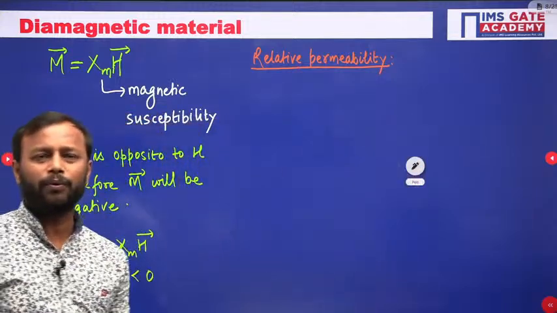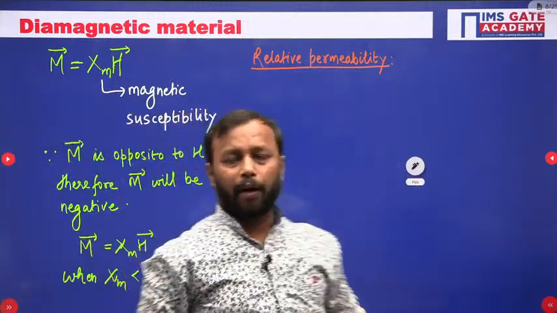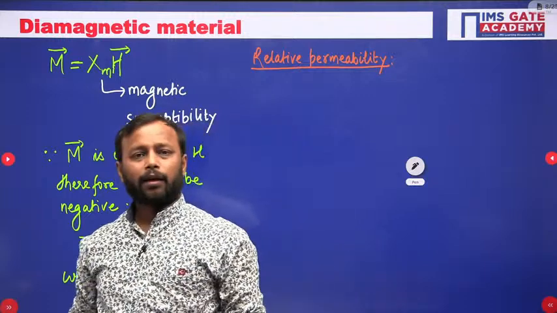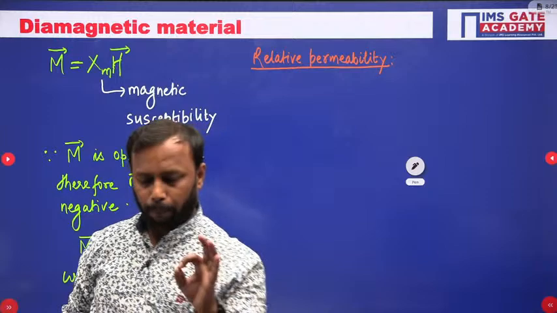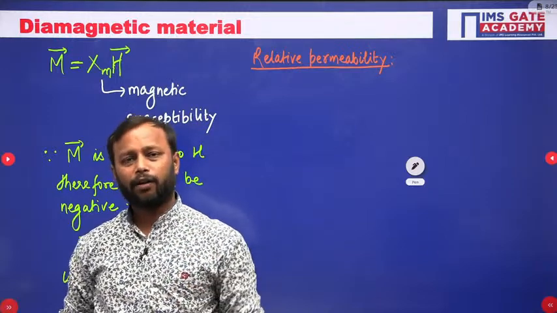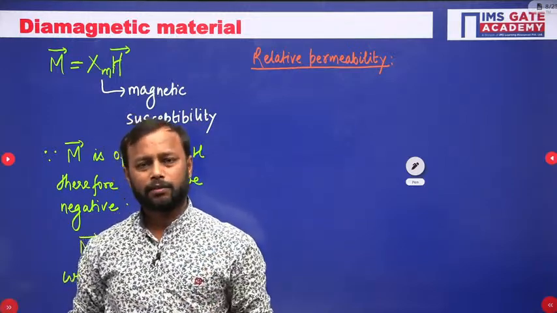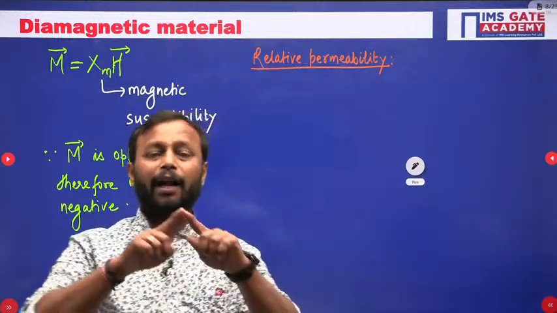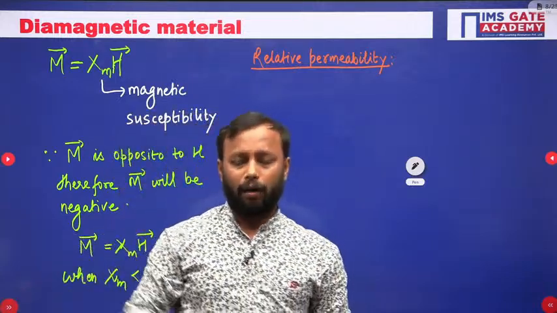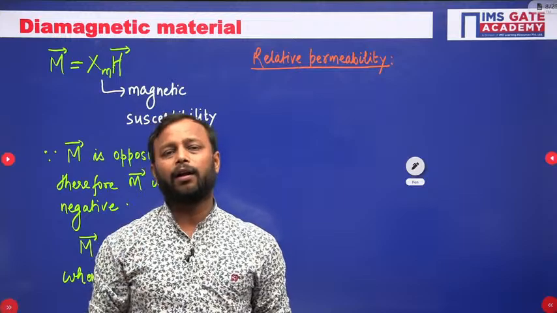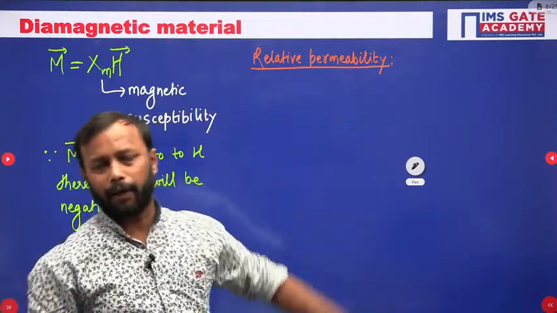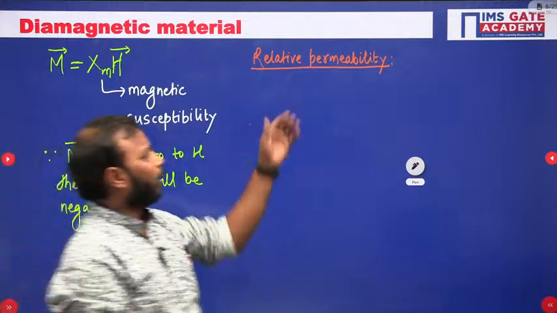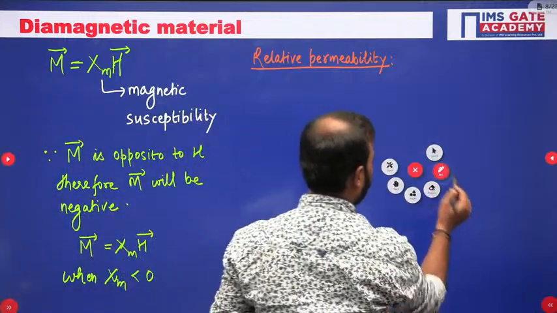The relative permeability is nothing but the ability of a material to pass the magnetic field through it. Do you understand what I mean? It is the ability of a material to pass the magnetic field through it. So that is nothing but relative permeability.